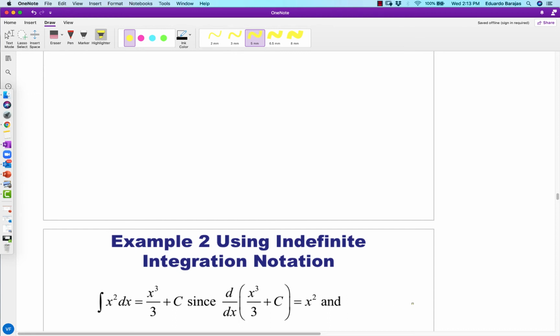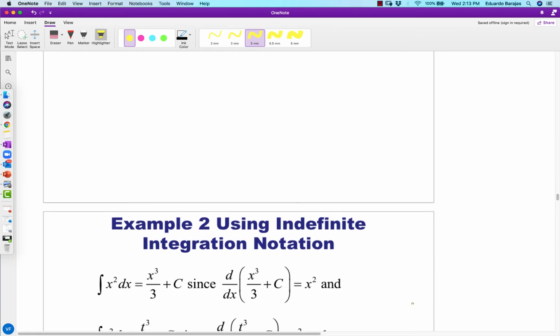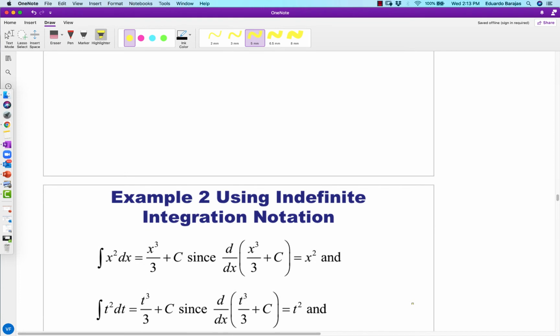Okay, now notation, remember there's nothing special about the letter x, so we'd get the exact same answer if we shift it over to the letter t, for instance. The integral of t squared dt. So the only thing that's important to note is that these two letters match, right? We're taking the antiderivative with respect to t. Good, and then we get a very similar answer.